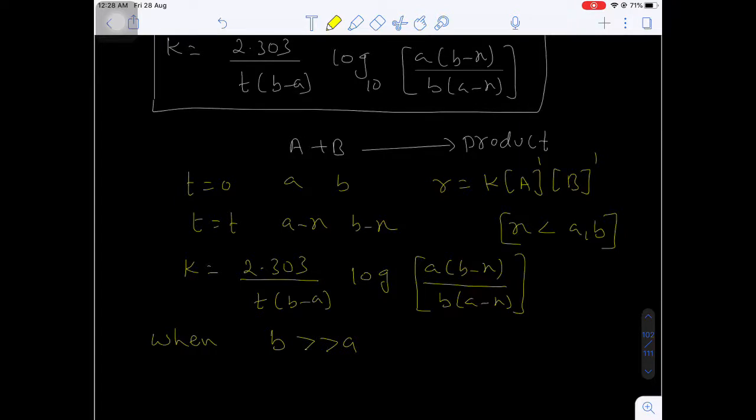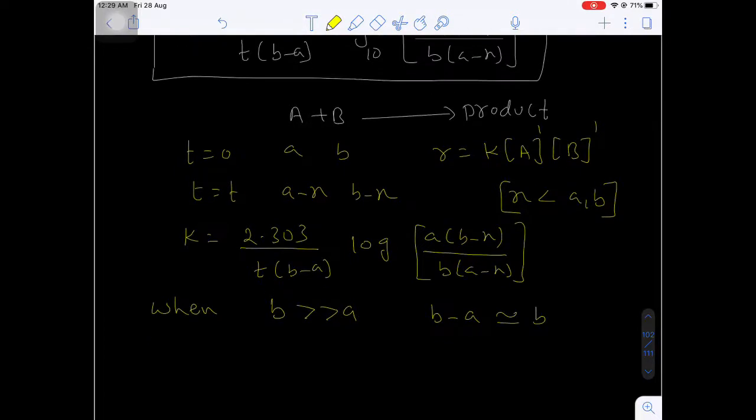Suppose any one of the reactants is in excess amount, let's suppose the concentration of B is too large as compared to the concentration of A. Then shall I write B minus A almost equal to B, because the concentration of A will be negligible as compared to B, because the B concentration will be very high.